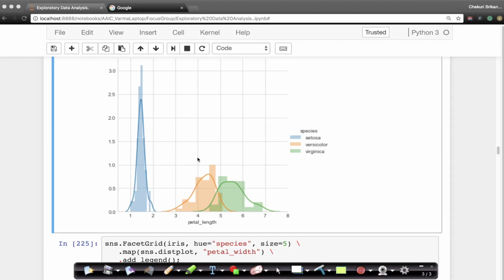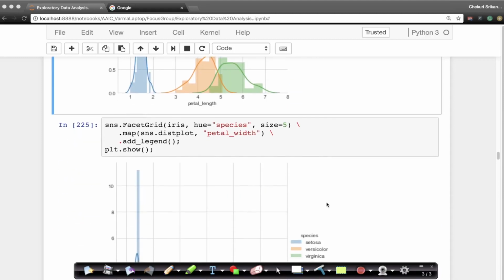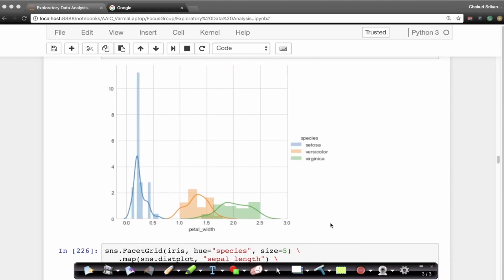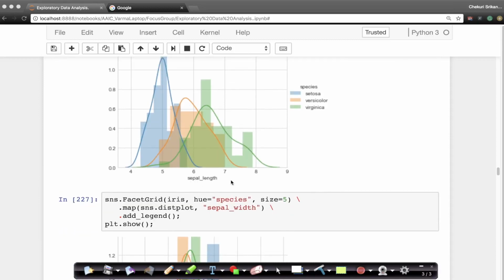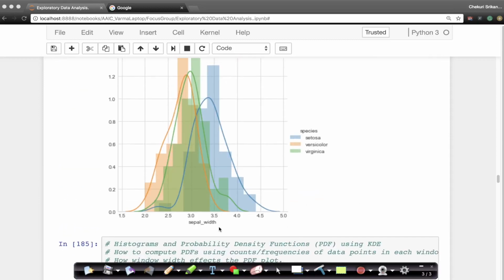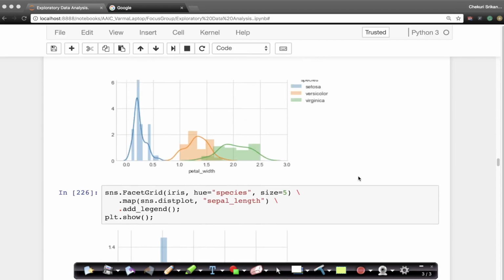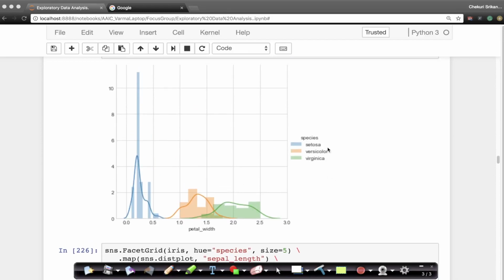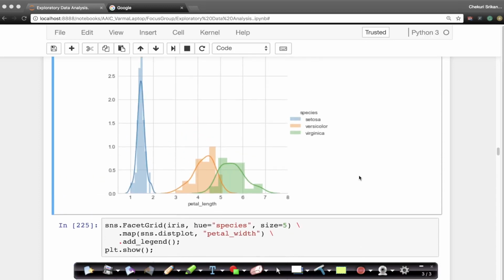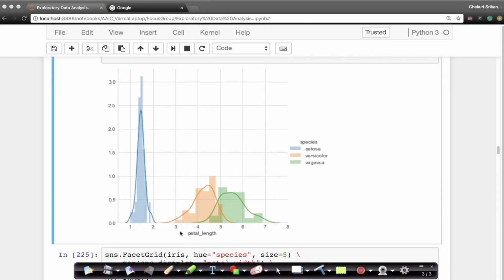I've drawn the histogram on petal length, a histogram on petal width, one on sepal length, and a histogram of sepal width, for all three classes of flowers: setosa, versicolor, and virginica, right? Now let's see which of the four variables is more useful in classifying a given flower into setosa, versicolor, and virginica. If I have to pick just one feature, which of the four is most useful? Let's try to understand that.